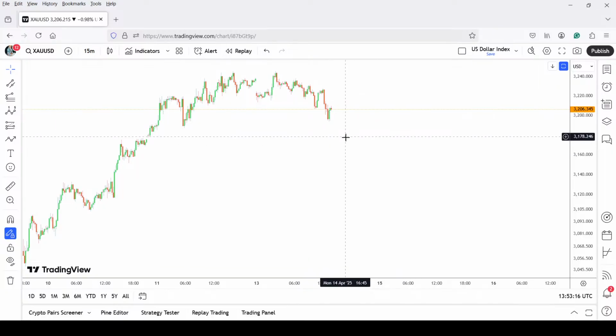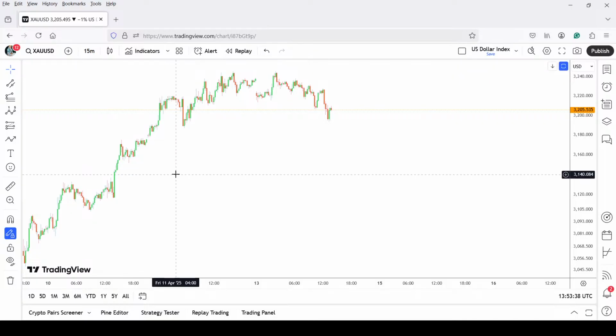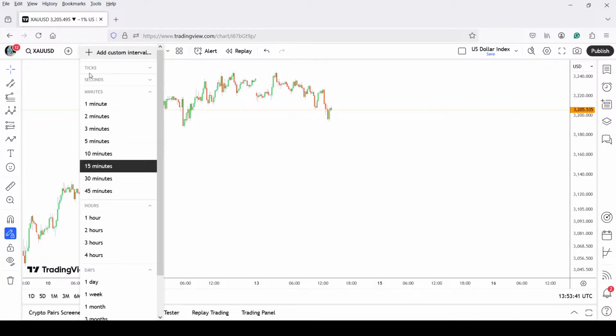So a push through 3226 and a pullback would certainly favor bullish sentiment at least for one more leg higher. All right, so those are three perspectives for gold: wave, trade, and the price.